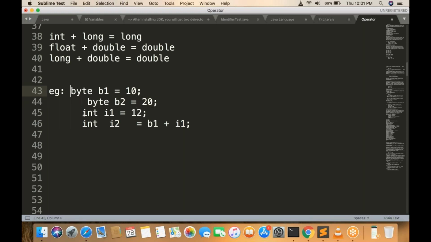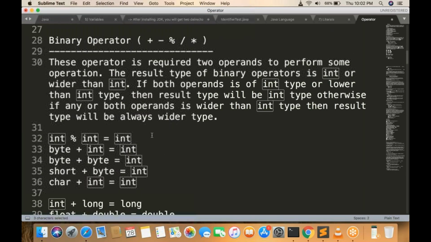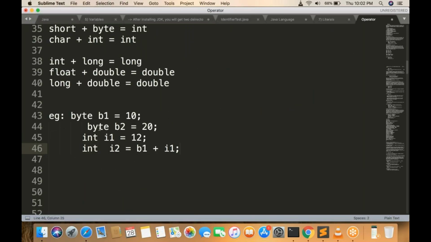Now I am writing here int i1 is equal to 12 and int i2 is equal to b1, which is of type byte, plus i1, which is of type int. So byte plus int, what is the result type? Int type, and you are storing it inside an int. Clear or not? Tell me guys, is this clear?